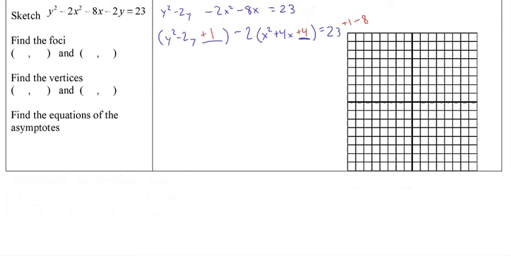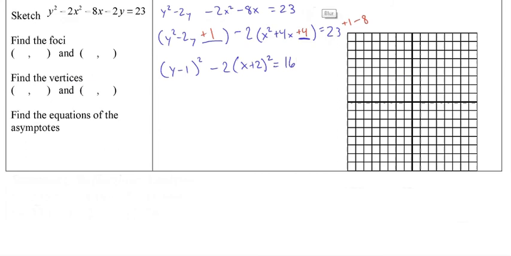The reason we did that was so we could have our perfect square, which is going to be y minus 1 squared minus 2 times x plus 2 squared, all equal to 23 plus 1, that's 24, and 24 minus 8 is 16.